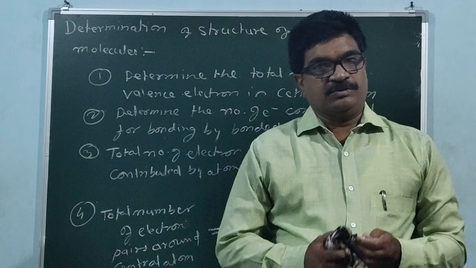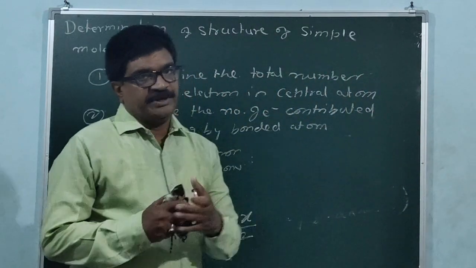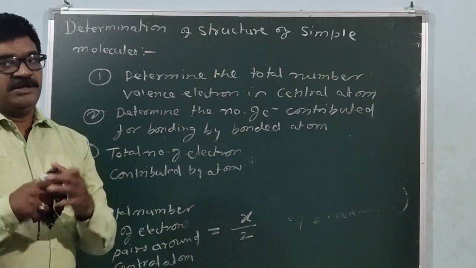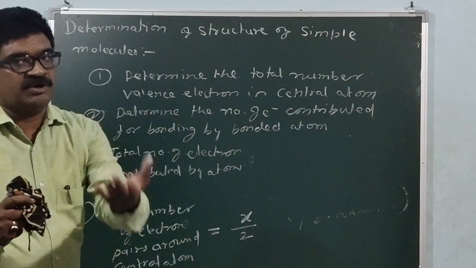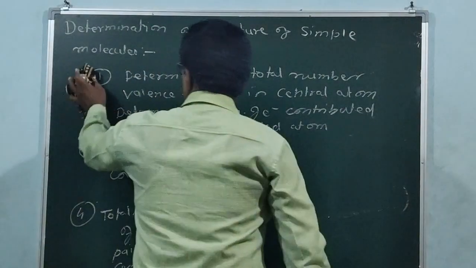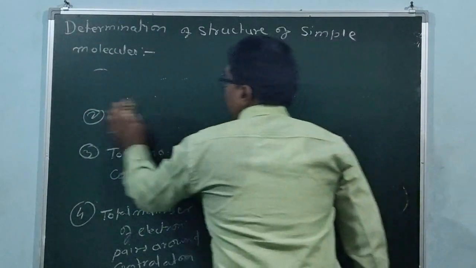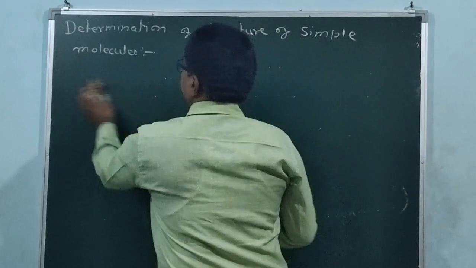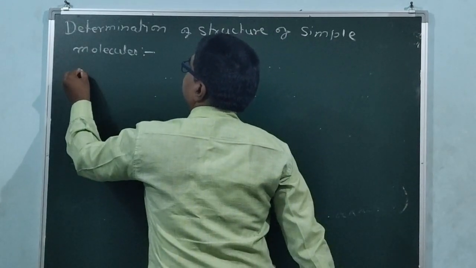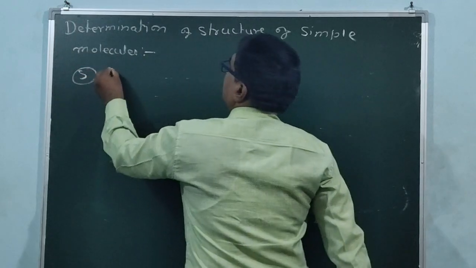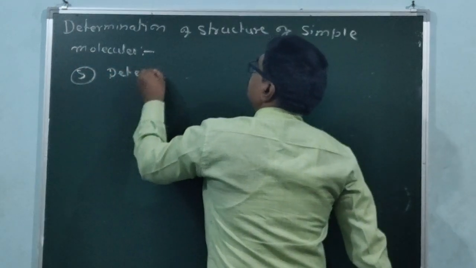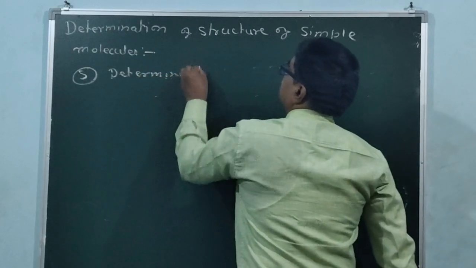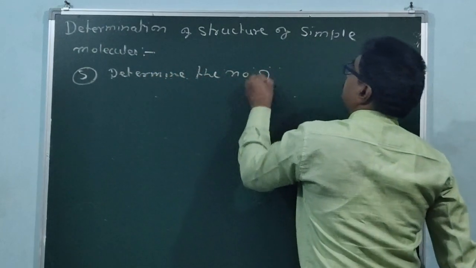Once you know the total number of electron pairs around the central atom, the next job is to determine the number of bond pairs and the number of lone pairs. So the next step, step number 5, is to determine the number of bond pairs.